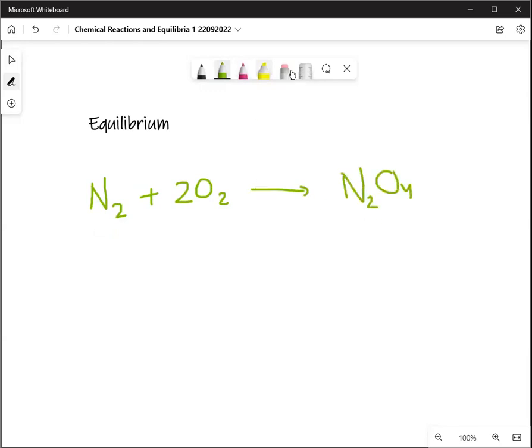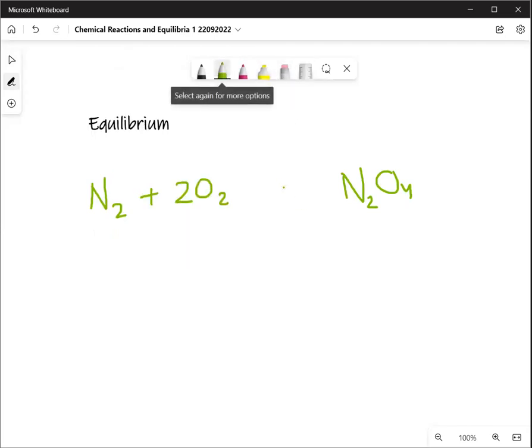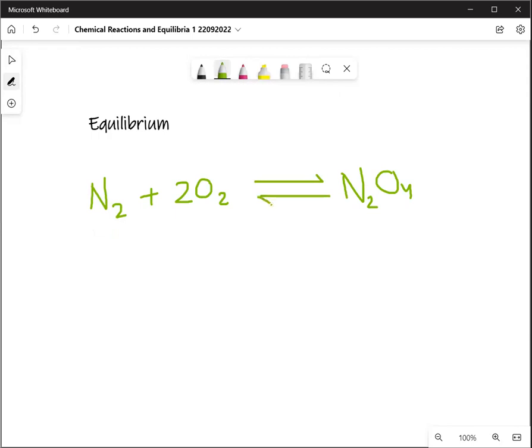Now, this right here is another reversible reaction. Now, what are the reactants here? The reactants are nitrogen and oxygen. The product is nitrogen dioxide, and that's what you're getting.